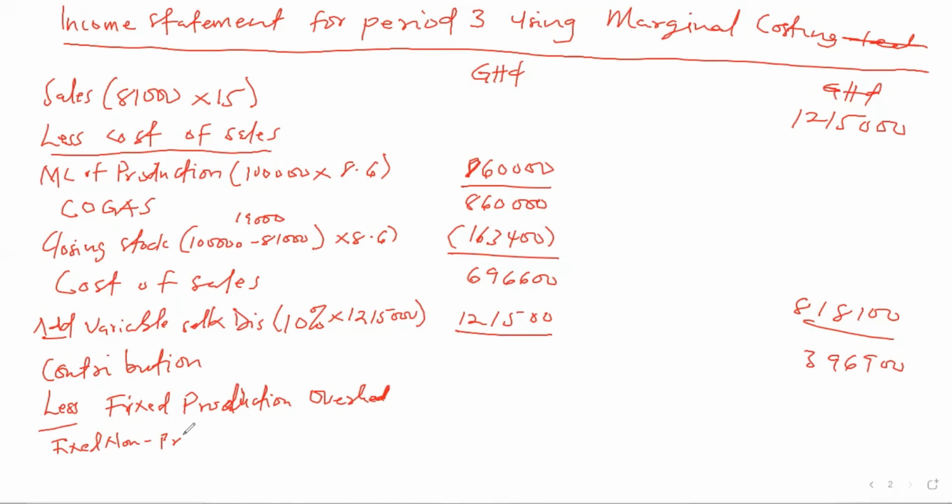They are incurred under selling and distribution. So the fixed production overhead is 112,000.